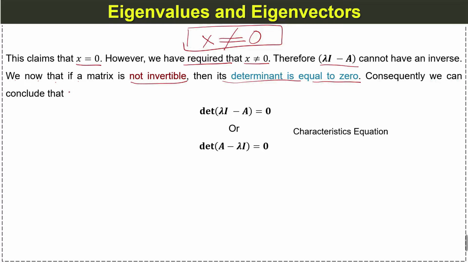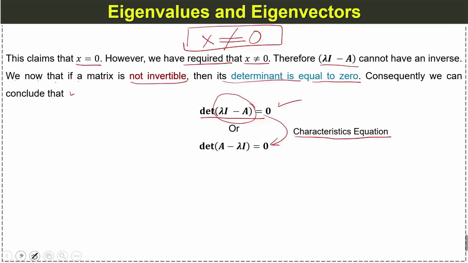Consequently, we conclude that the determinant of this matrix is equal to 0, meaning this matrix has zero determinant. That's why the matrix has no inverse. Okay, so we can also write this one like that, both are equivalent, and this is the characteristic equation.